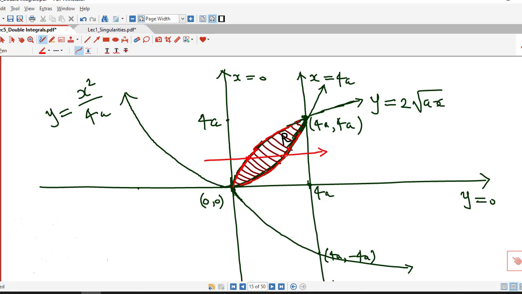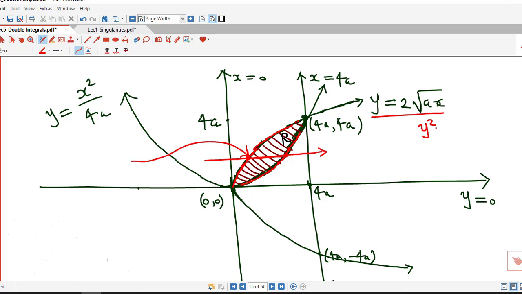So now we decide the value of x at these points. On this line, y becomes constant. So now we have to decide the values of x at this point where the line is entering and at this point where the line is leaving. Here this point is on the curve y equal to 2 under root ax.